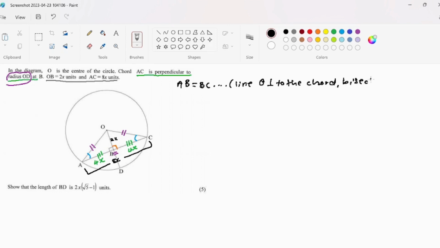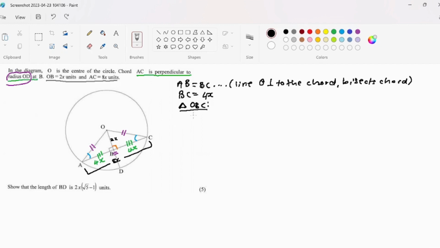After that, we are going to say BC is obviously going to be equal to 4x, right? And then we are going to tell the examiner that we are considering triangle OBC.